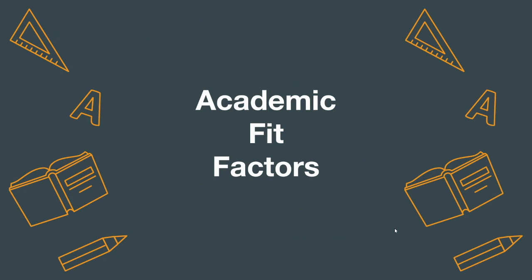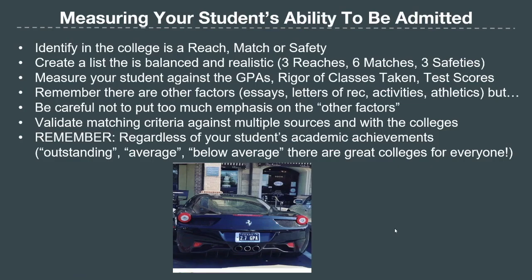So what are the academic fit factors and how should they fall in line relative to putting your perfect college list together? So in the first perspective, we're talking about measuring your student's ability to get admitted. That's obvious, right? So we need to identify, is the college a reach, a match, or a safety?